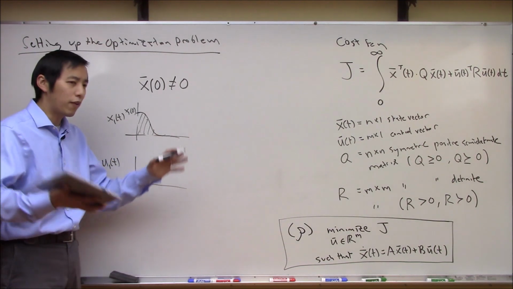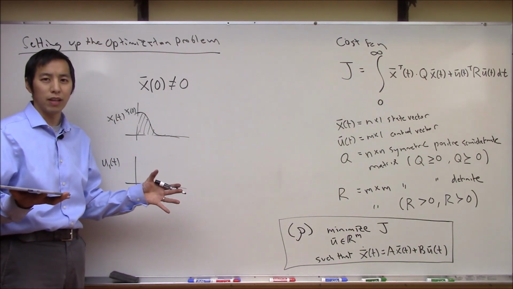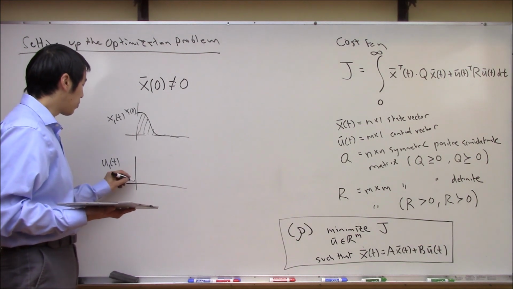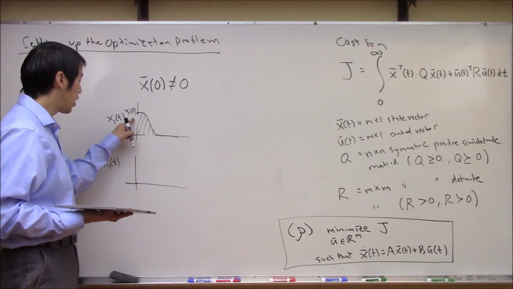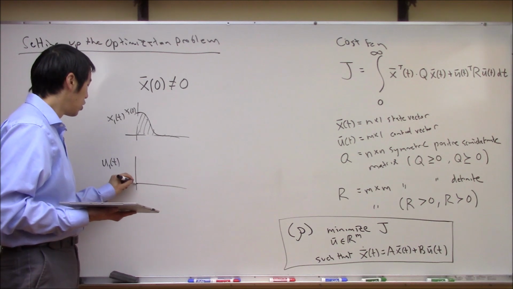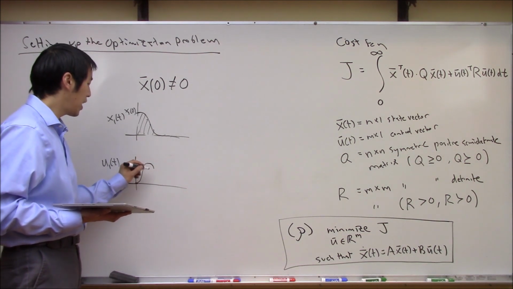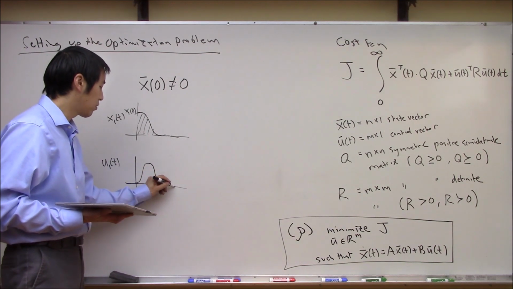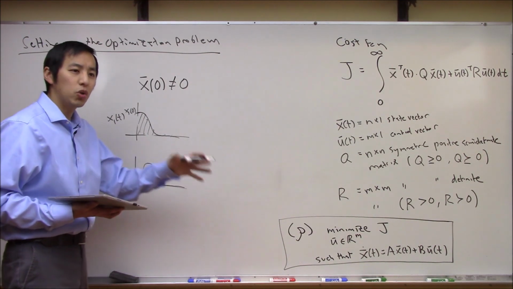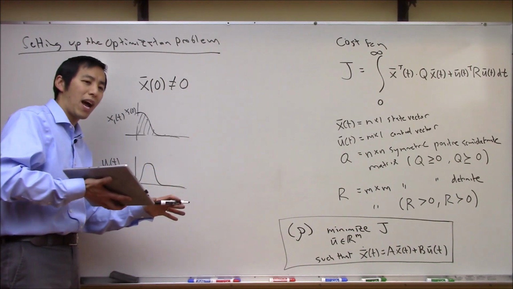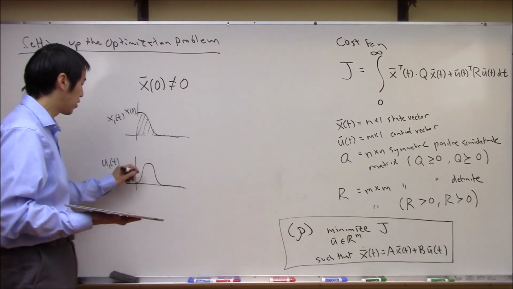This is like one of the positioning thrusters or something like that. Well, if you want to bring the satellite back to 0, you're probably going to have to spend some control authority to do that. And then, again, you're going to have to let this come back to 0. So you're going to actuate the controller to bring it back to 0, then you're going to stop actuating the controller, right?